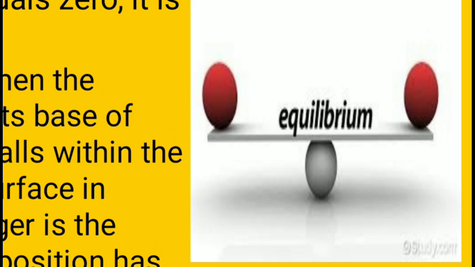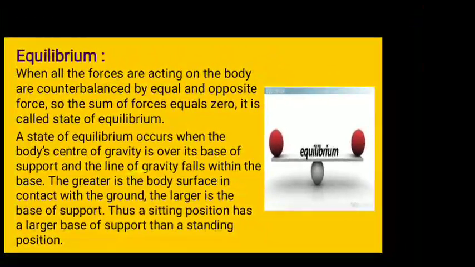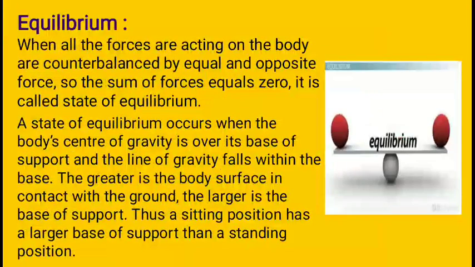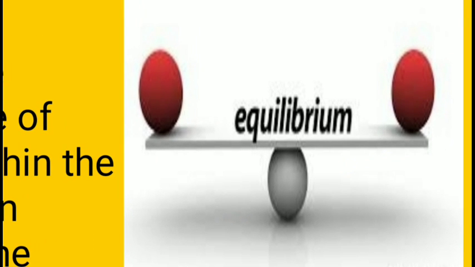Clear? So that's why the definition tells us that the forces acting on the body are counterbalanced by equal and opposite force. Equal force and opposite force: you can see on both sides the force is equal. On both sides there is a red ball, whatever it may be, but the weight, shape and size should be the same.